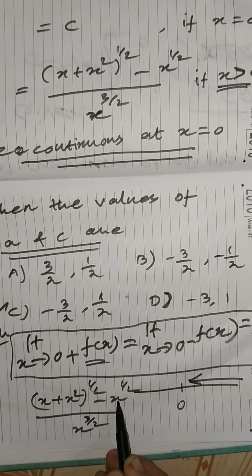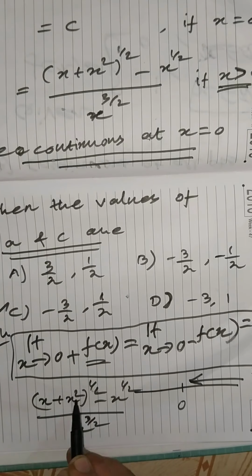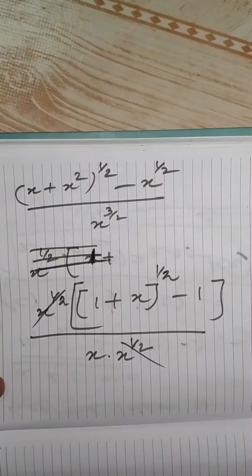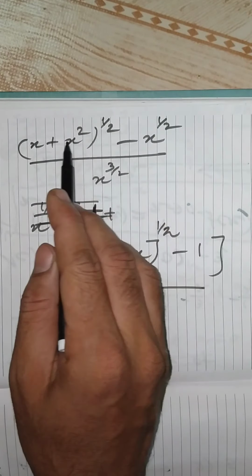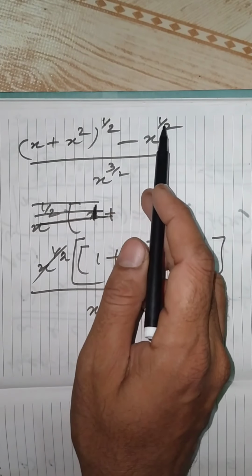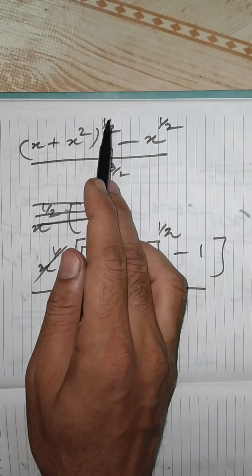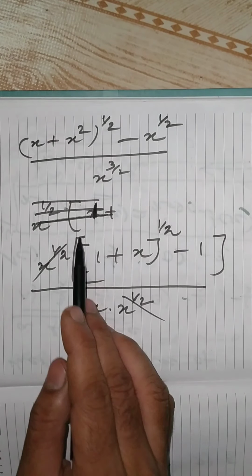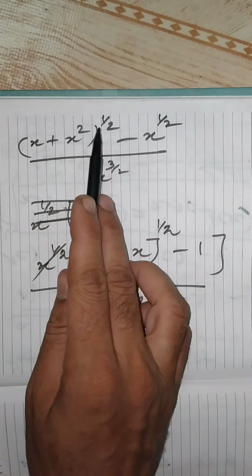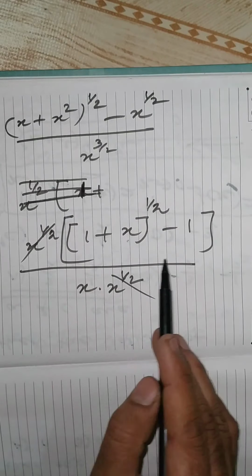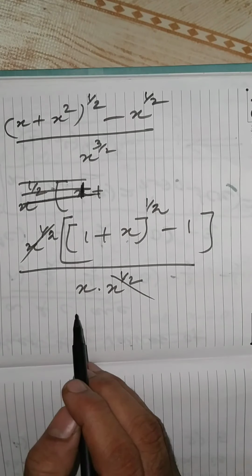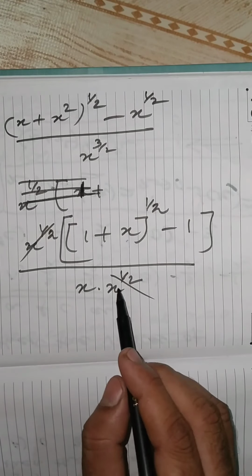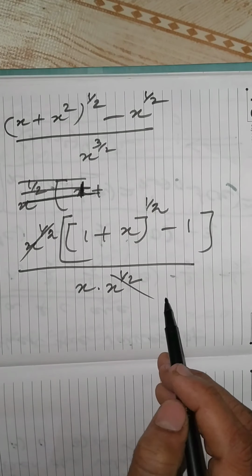Best to take x power 1 by 2 common in the numerator. Taking x power 1 by 2 common, within the bracket we get (1 plus x) whole power 1 by 2 minus 1, divided by x power 3 by 2, which we can write as x into x power 1 by 2. Then x power 1 by 2 gets cancelled.